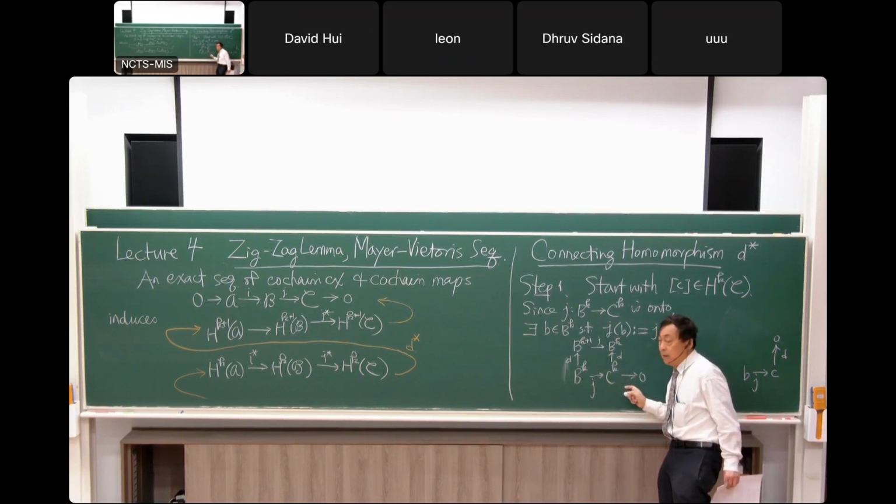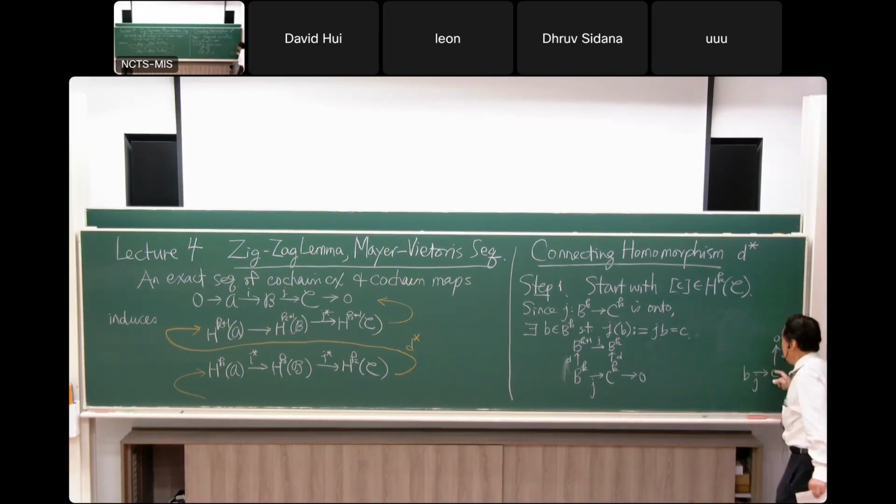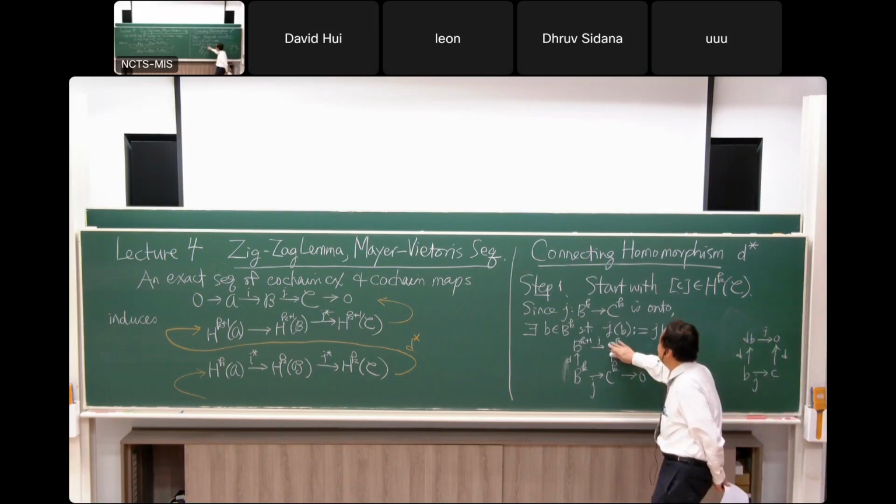So b maps to db, and that should map to 0 under J. Oh, right, yeah, this should be C^(k+1).